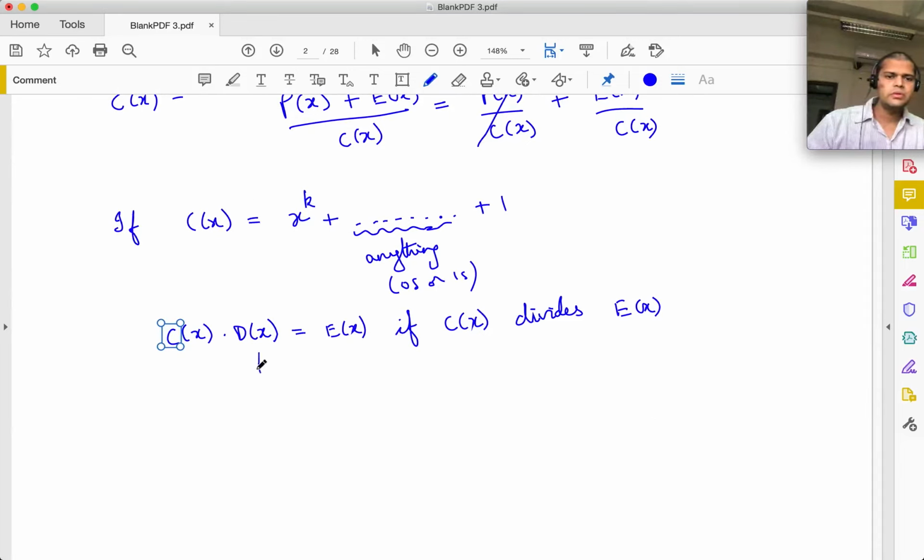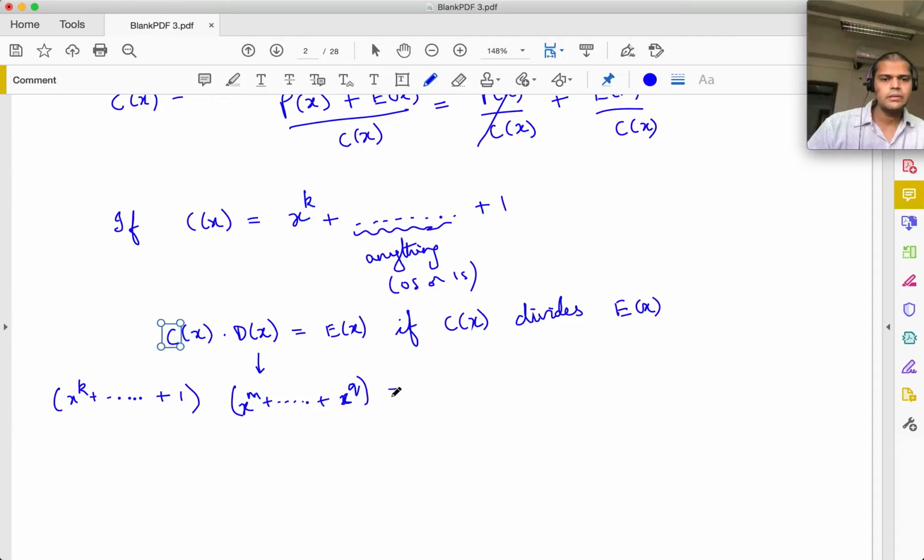So D of x is going to look like some polynomial. It's going to be x to the power of m plus, and so on, down to x to the power of q, for some m and q. And of course q could be 0, it may not be also. So can you multiply something like this with C of x, where we had x to the power of k plus something in between and 1?